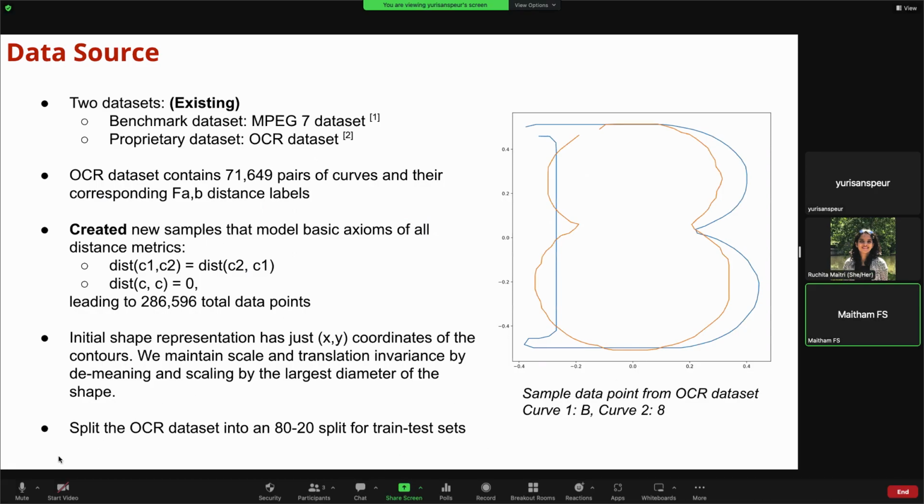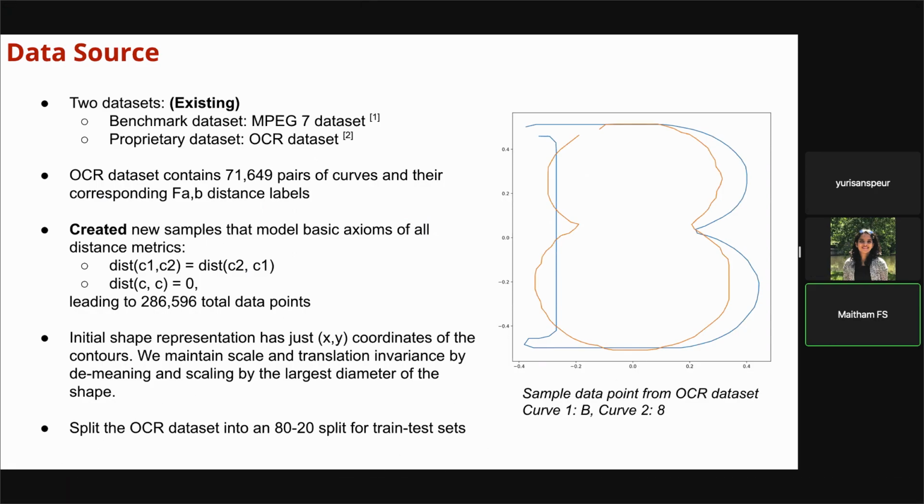So here we consider two data sets. The first one we called the benchmark data set, and the other one is the OCR data set. The OCR data set contains around 70K pairs of curves and their corresponding distance label.